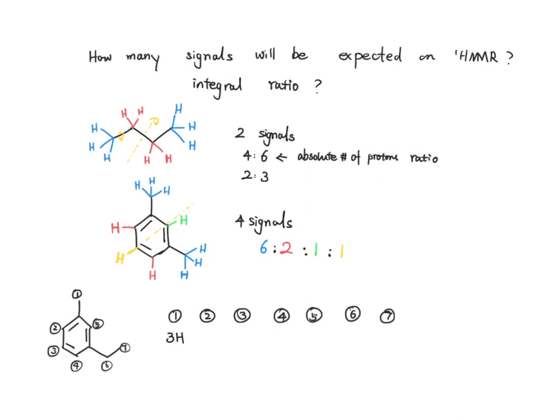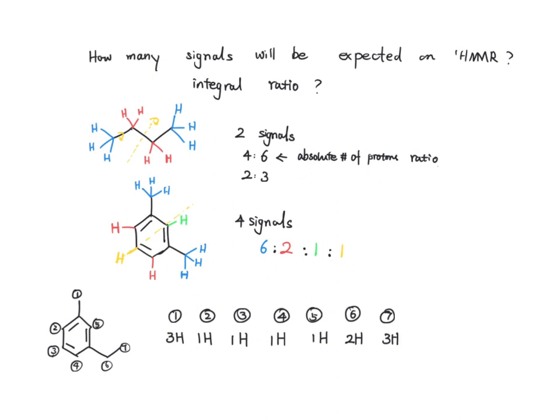And for proton 2, there is only 1. And for proton 3, only 1. And 4 is 1 and 1. Maybe I should put a number right here. 5, you have 1. And 6, you have 2. And 7, you have 3. So the ratio here will be 3 to 1 to 1 to 1 to 1 to 1, 2, and 3.